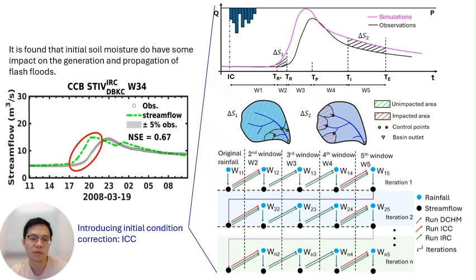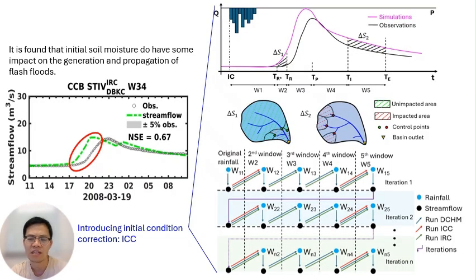The goal is to minimize delta S1. Similarly, we're assuming that the soil moisture near the boundary of the basin can impact the travel time distributions after the inflection point. Those are very long travel time distributions, and therefore we apply these two types of initial condition corrections to the hydrograph.